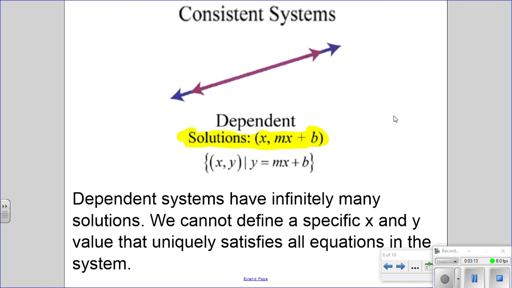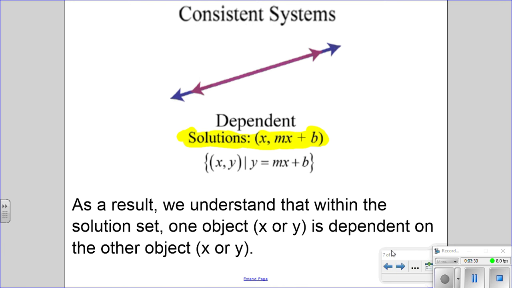So for example, in our previous example, we had that one ordered pair. We can put numbers to it and say 2, 3, this is our solution, that's it. Here, we can't define one specific solution that satisfies the system. As a result, we understand within the solution set, one object is dependent on the other object.